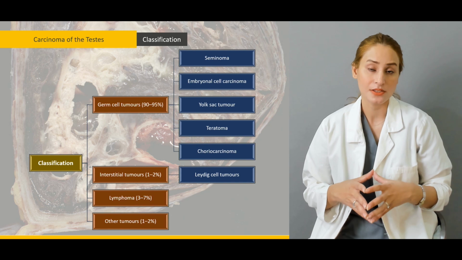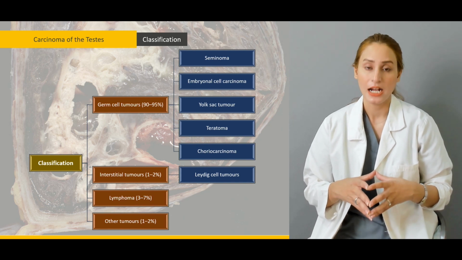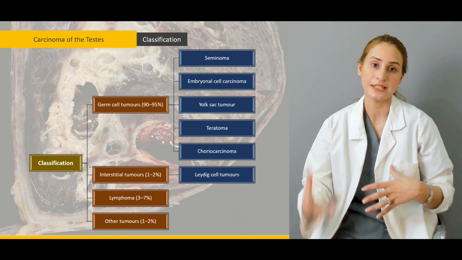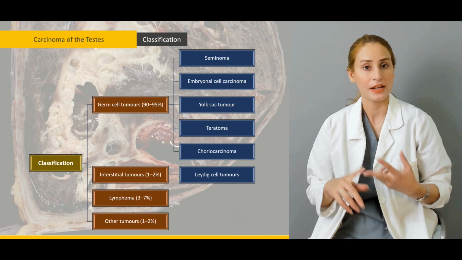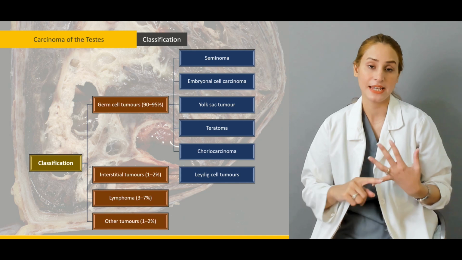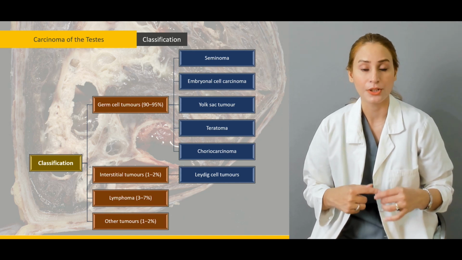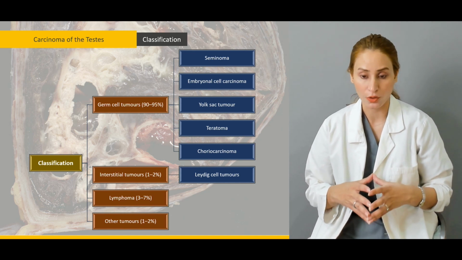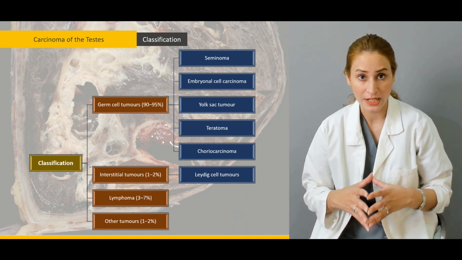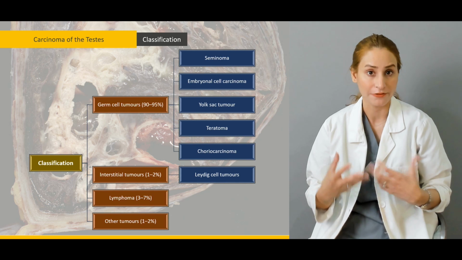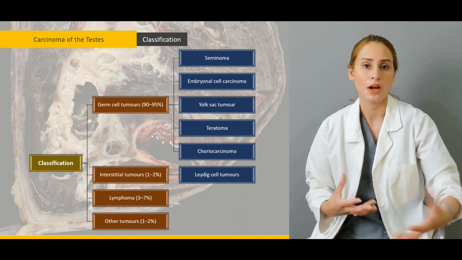So teratoma is typically a tumor which has different kinds of tissues, like bone, nail, hair, skin, appendages, muscles, cartilages. These are also important. There's another entity which is the choriocarcinoma, and choriocarcinoma is a very aggressive tumor, just like the embryonal cell carcinoma.